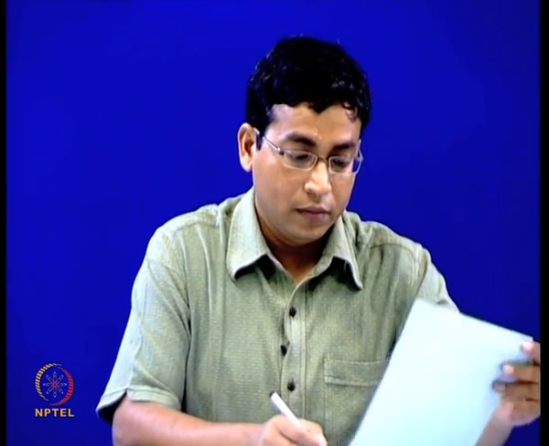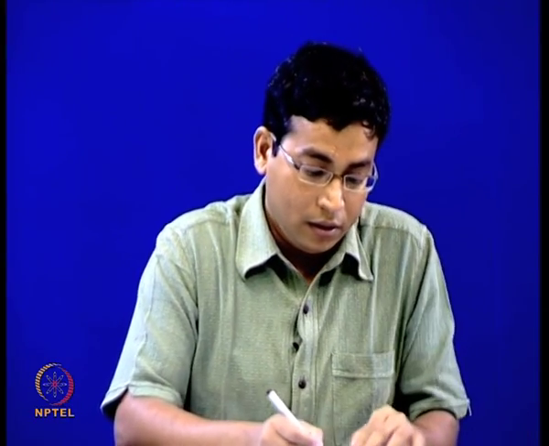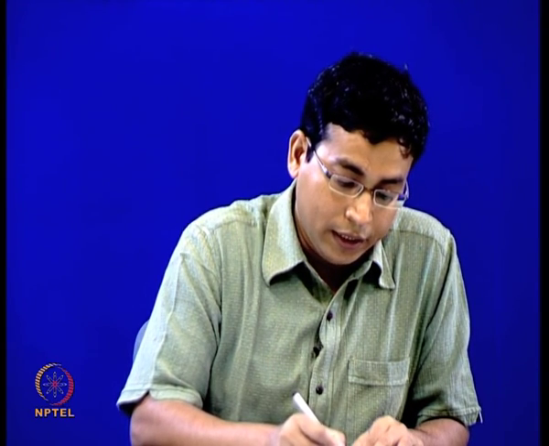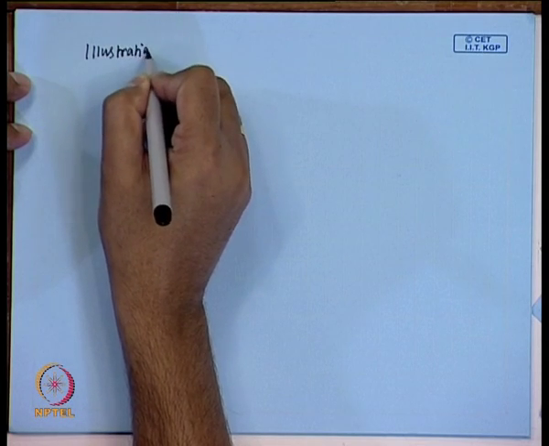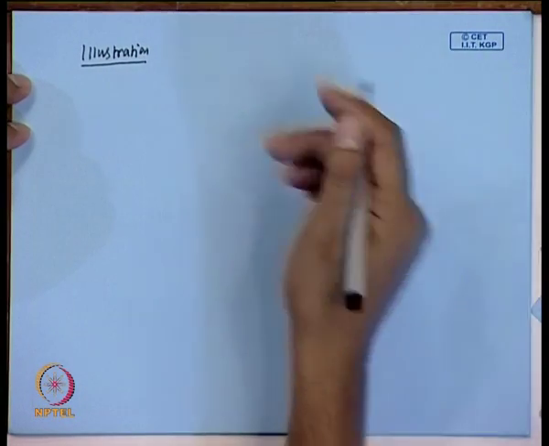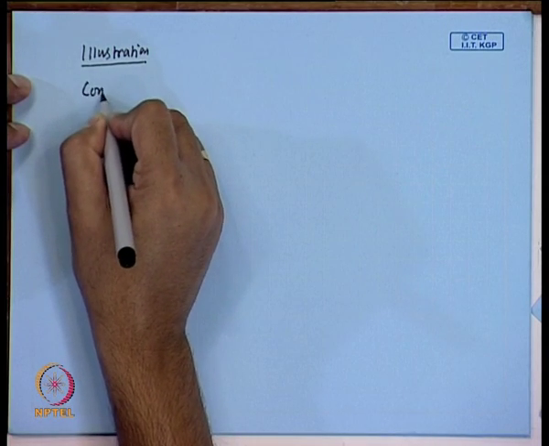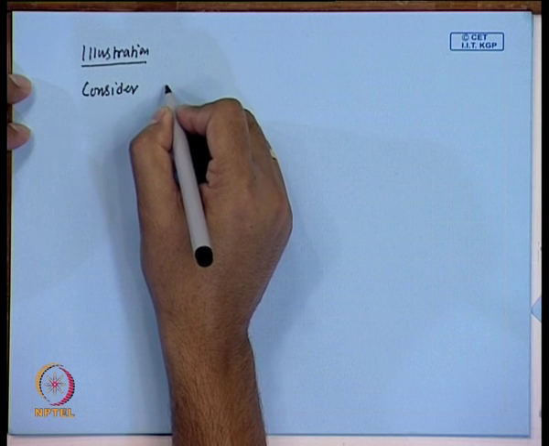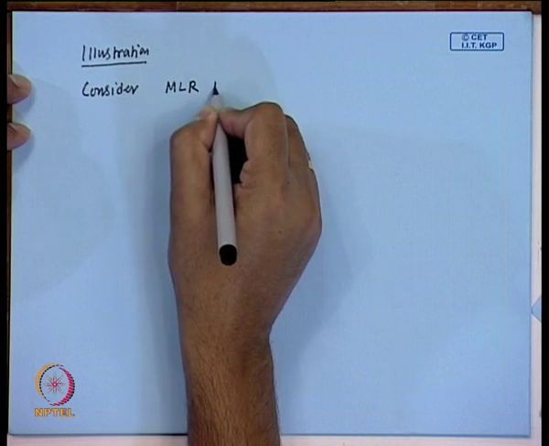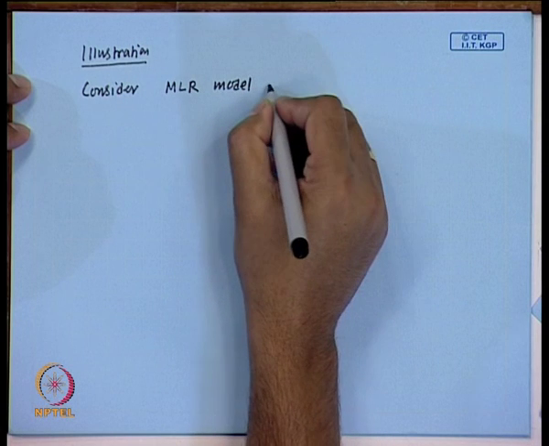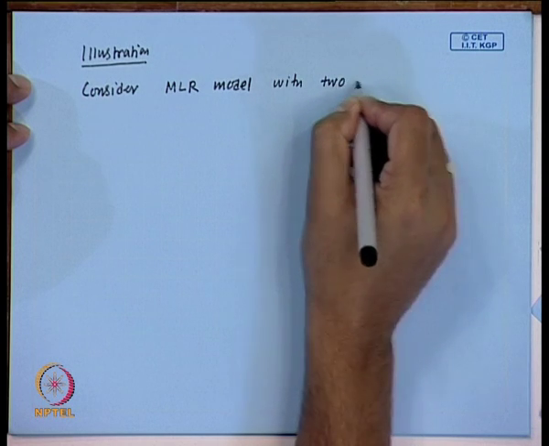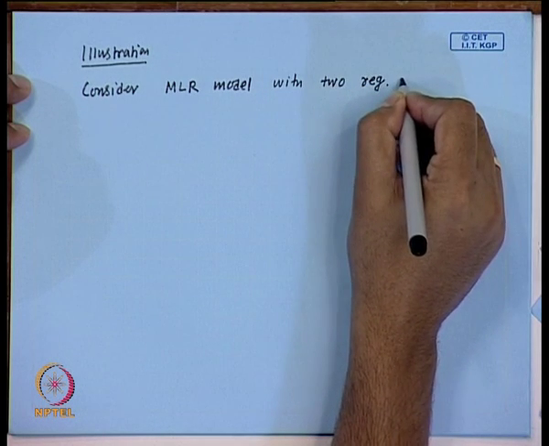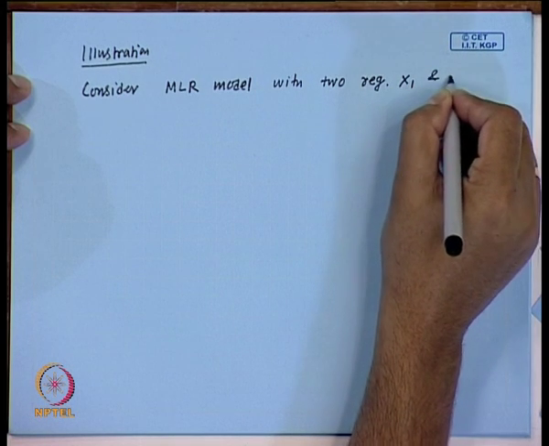Let me first give an example to illustrate the technique, and then I will be talking about the logic behind this partial residual plot. Let me illustrate the technique first. So, consider a multiple linear regression model with two regressors x1 and x2.